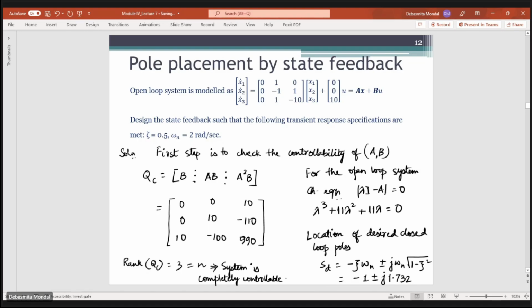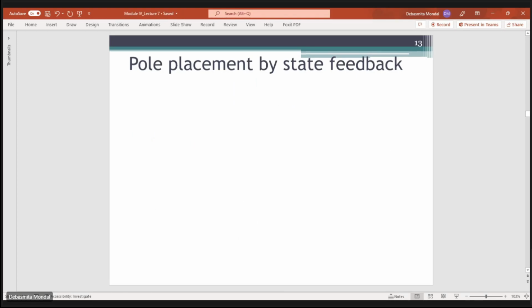Now you have a third pole also, because it's a third order system, so you will have 3 poles. What will be the position of the third pole? Since the value of zeta is less than 1, this is an underdamped system.